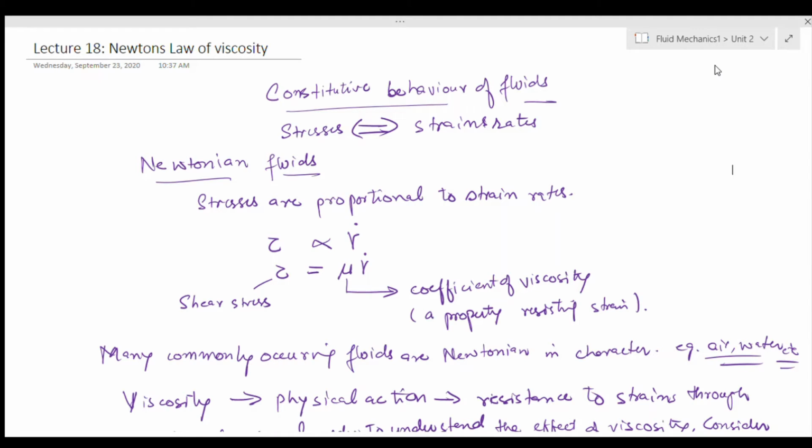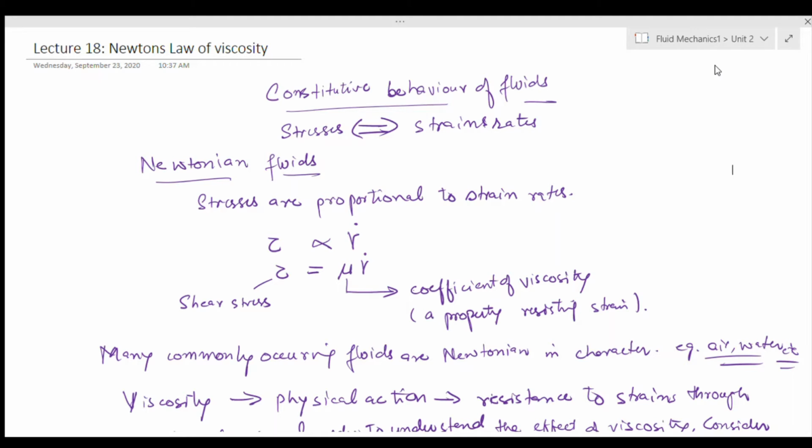By constitutive behavior, we mean what would be the physical behavior of a material, in this case a fluid, if it comes under specific conditions. So here we are talking about constitutive behavior of fluid.